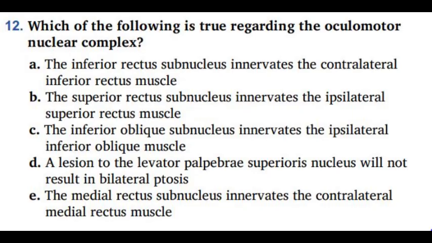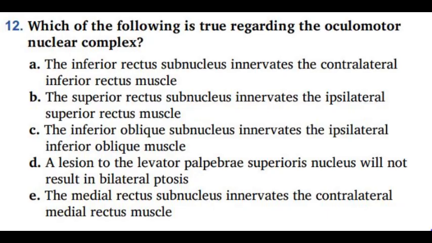The next is the superior rectus subnuclei innervates the ipsilateral superior rectus muscle. From our discussion, that is false. We know that the superior rectus subnuclei innervates the contralateral superior rectus muscle. The next is the inferior oblique subnuclei innervates the ipsilateral inferior oblique muscle, which is correct. Let's hold that. D.